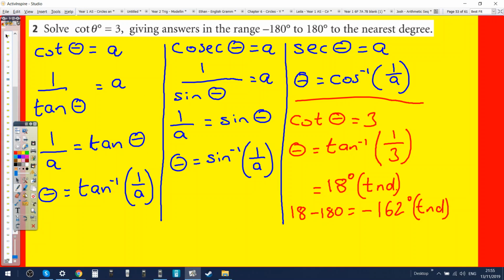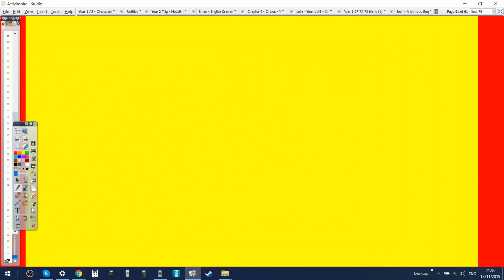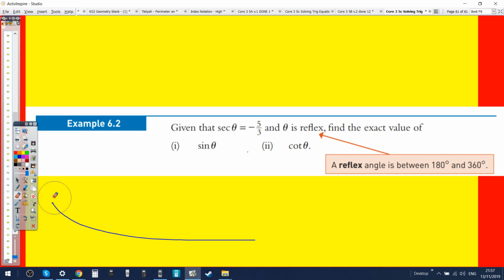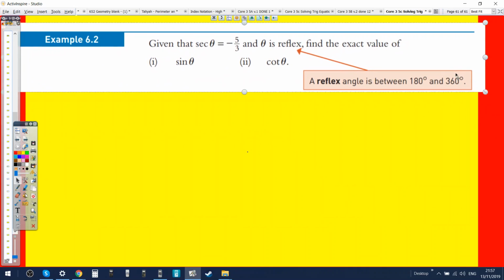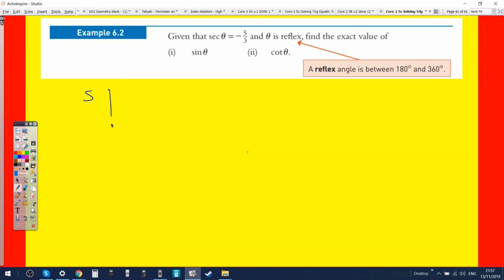So, okay. Technically we covered everything for that trig. And they're saying it's a reflex angle. And so what do you know about your answer for part 1?